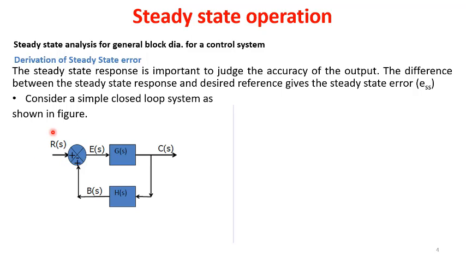So in this typical closed loop system we are having the input R of S, error E of S and the output controlled variable C of S with a feedback signal B of S.